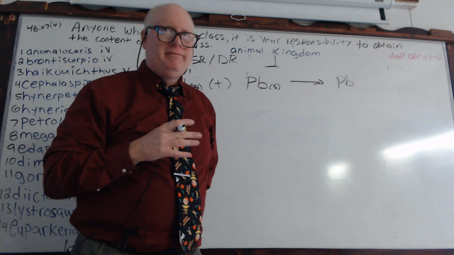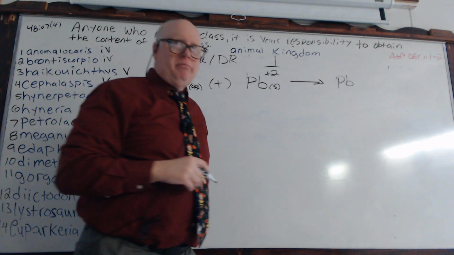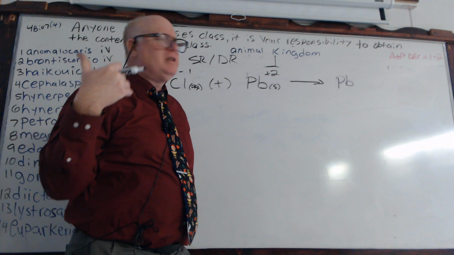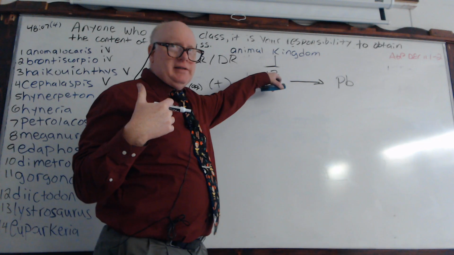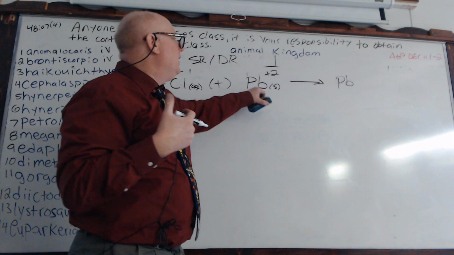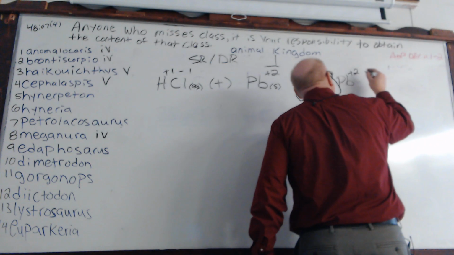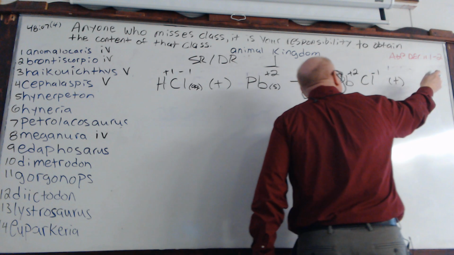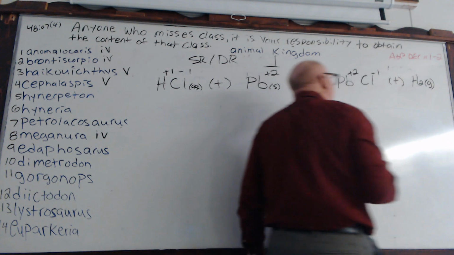Plumbous would be perhaps +2, and plumbic +4, but that's why it has these abbreviations, because plumbum is Latin for lead, and that's why it's called Pb. And then if that's a +2, chloride is -1, and then what's left over? And it's a gas.